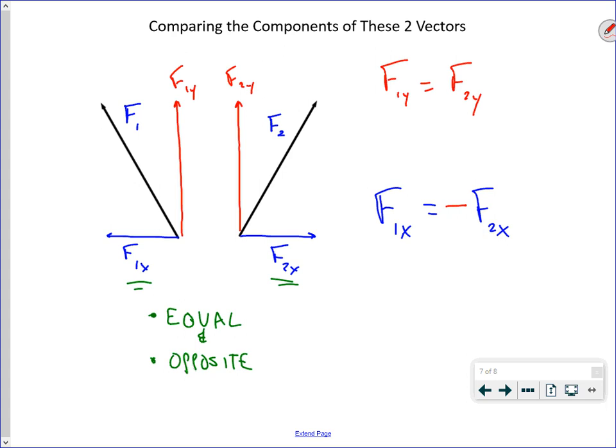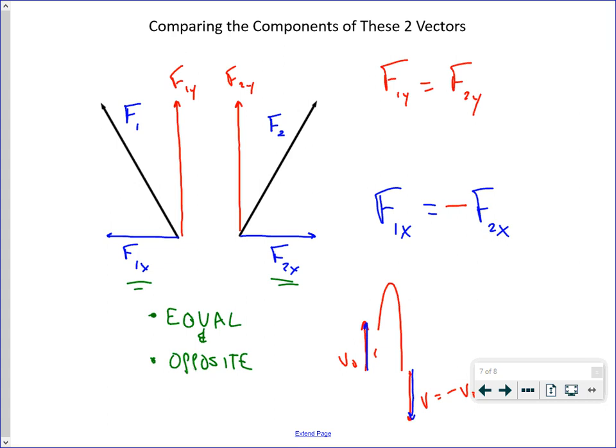Right? Kind of like an object that's shot upward at a speed v0 and comes back downward and has a speed v that's equal to negative v0. Right? These two vectors are equal. You get it. Equal and opposite. All right?